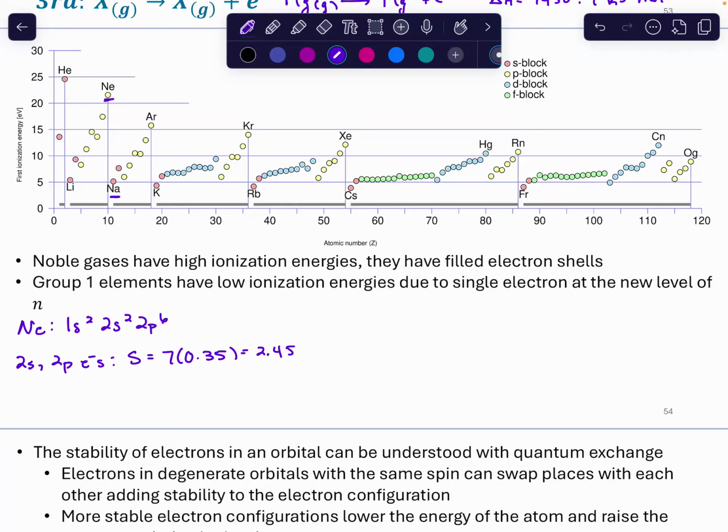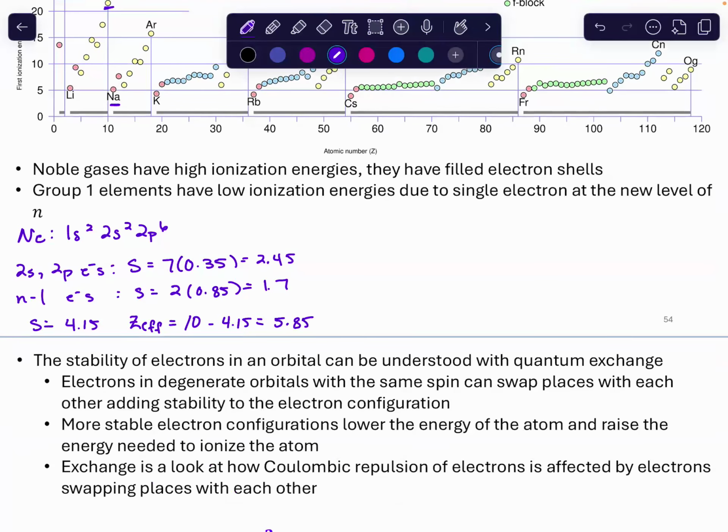Then you have your 2 electrons from your n-1 level. Those 2 electrons in the 1s times 0.85 equals 1.7, a total S value of 4.15. So an effective nuclear charge on neon is your Z of 10 minus 4.15. Your 2p electrons in neon are going to see 5.85 of those protons in the nucleus.